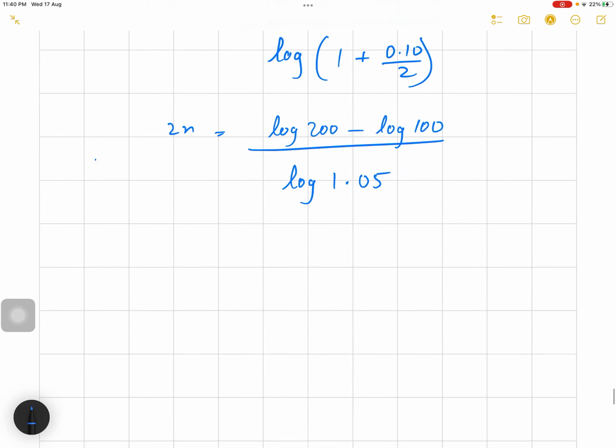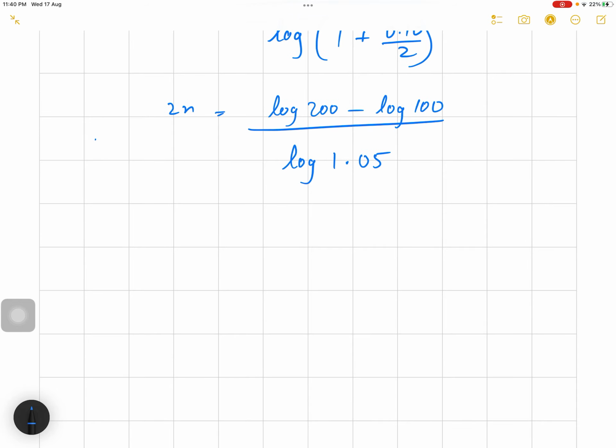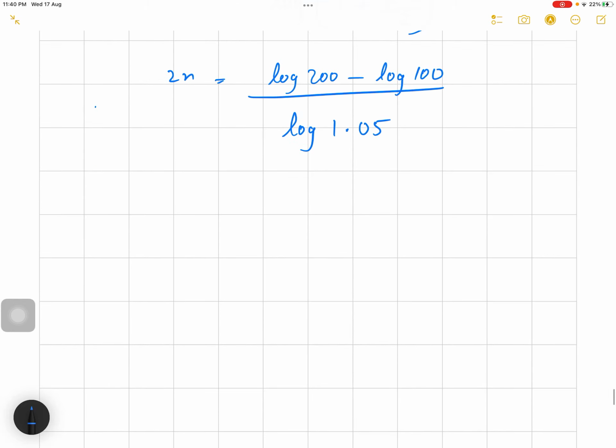So let's find log 200, log 100 and log 1.05.